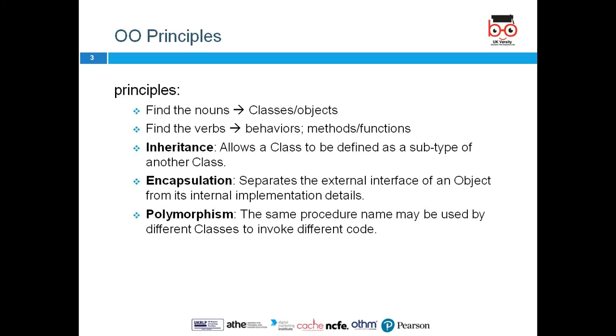Makes sense? So the object-oriented principle advises that anything you find to be a noun, you make a class of it. And if anything becomes a verb, then you call it a behavior or method or function.